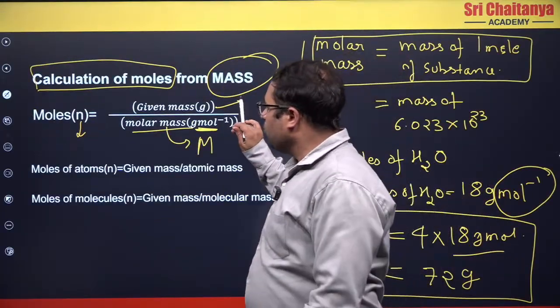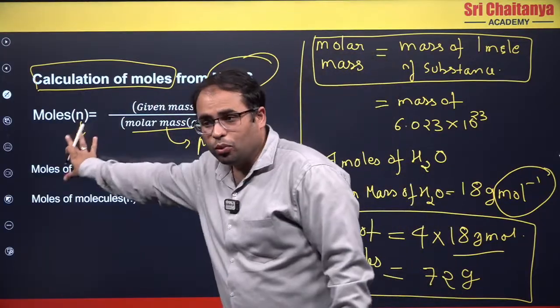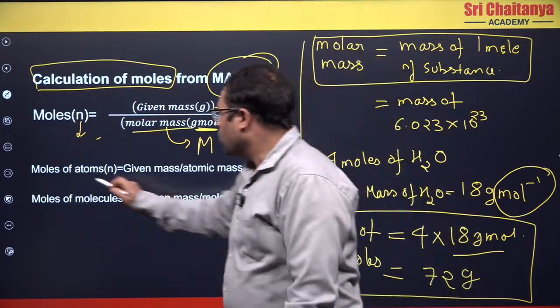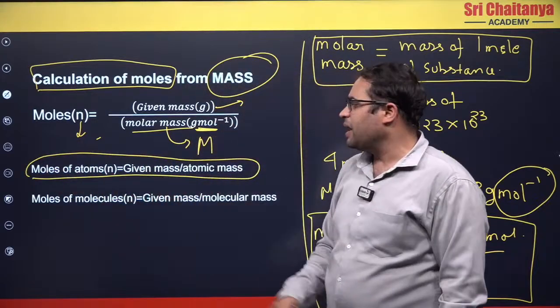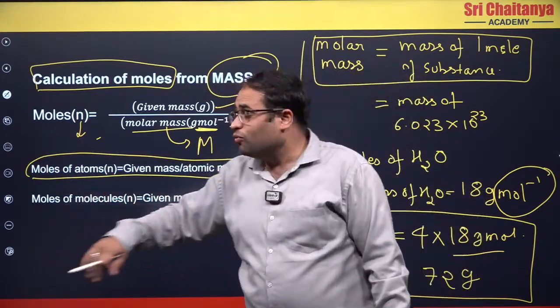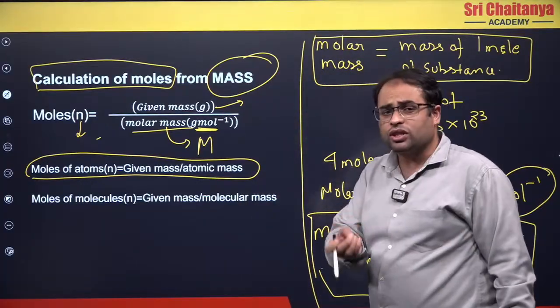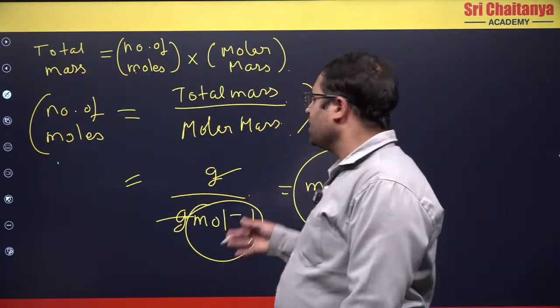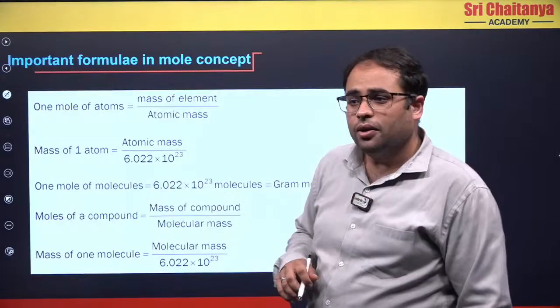And this is the first fundamental formula to get moles. Okay? Now, moles of atoms, again nothing, given mass by atomic mass. Moles of molecules, given mass divided by molecular mass. These are all the most basic formula for moles. And this is how you get it, right? So now let us move forward.